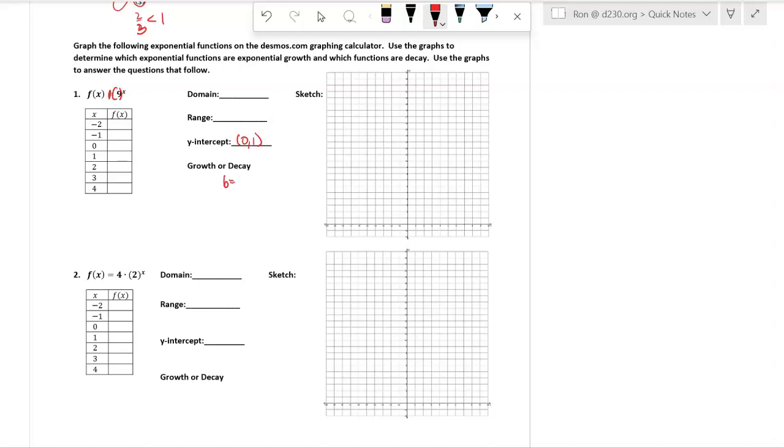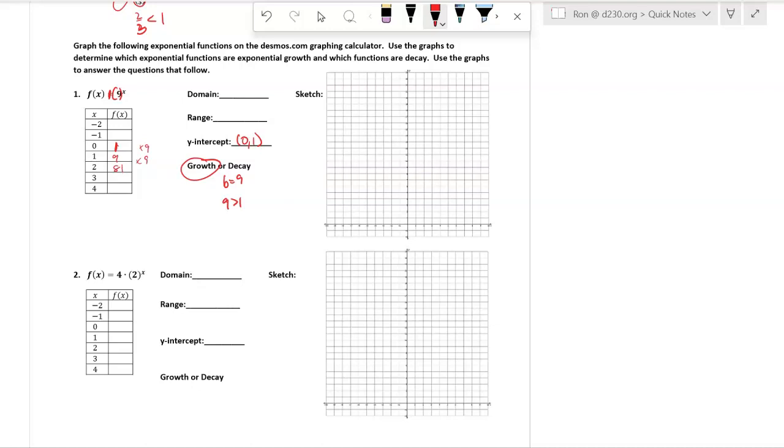Since b is 9, 9 is greater than 1, I know this could be growth, right? And you also have to understand, since 9 is my common ratio, and I know that common ratio allows me to just multiply by 9 to get my ordered pairs. 1 times 9 is 9, times 9 is 81, and you can keep going.